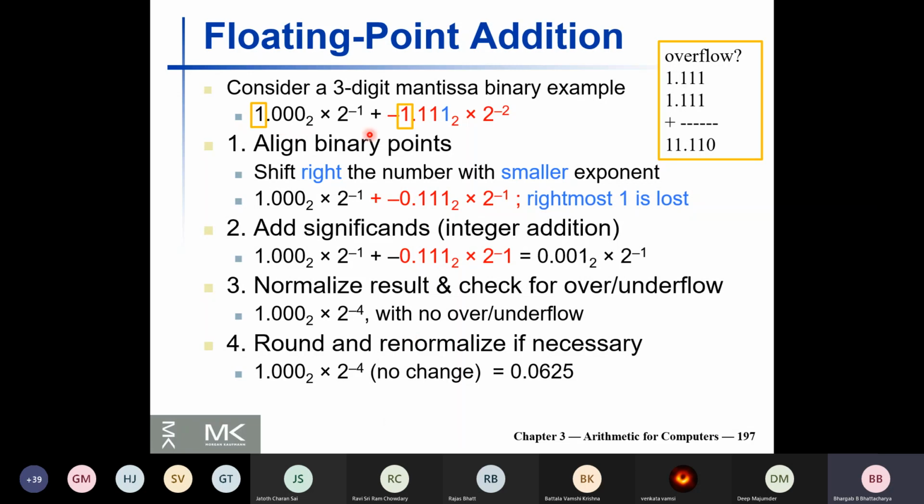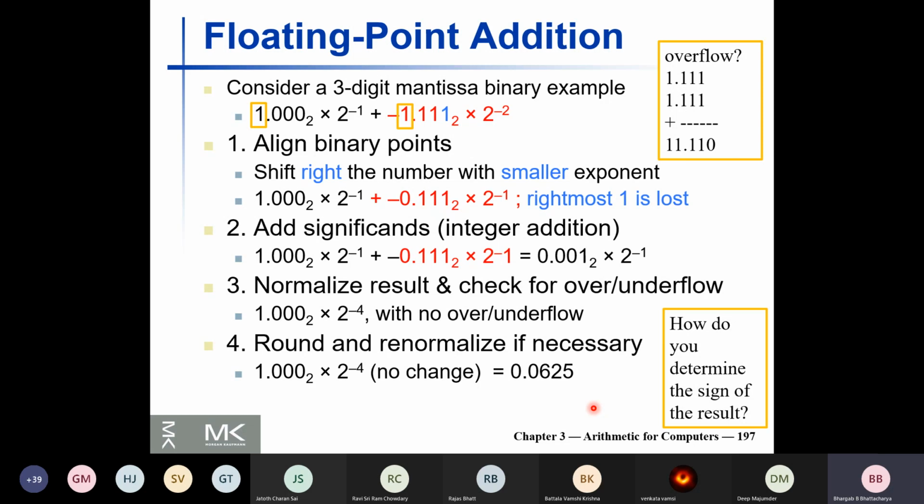Now, if one is positive and the other is negative, then the higher exponent value would predominate. So if the higher exponent value is positive, then it will be positive, otherwise it would be negative, clear? That's how the sign would be adjusted in the final result, and the hardware would take care of this.